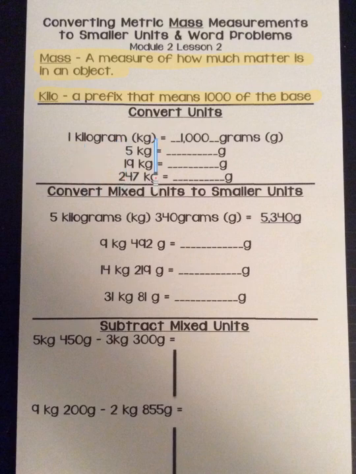1 kilogram, kg, equals 1,000 grams. And the abbreviation for grams is just G. All right, we've got 5 kilograms. Well, if 1 kilogram was 1,000, 5 kilograms is going to be 5,000.